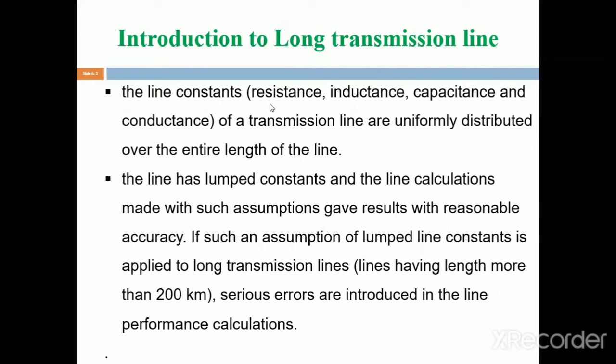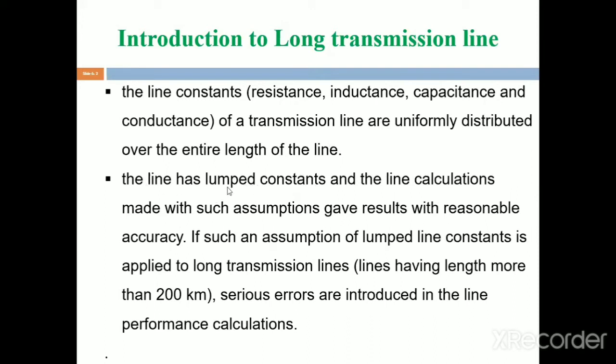Suppose we are assuming one resistance, one inductance and one capacitance, that is the lumped one, then the calculations are made easy. We already observed that in the case of short and medium transmission lines.